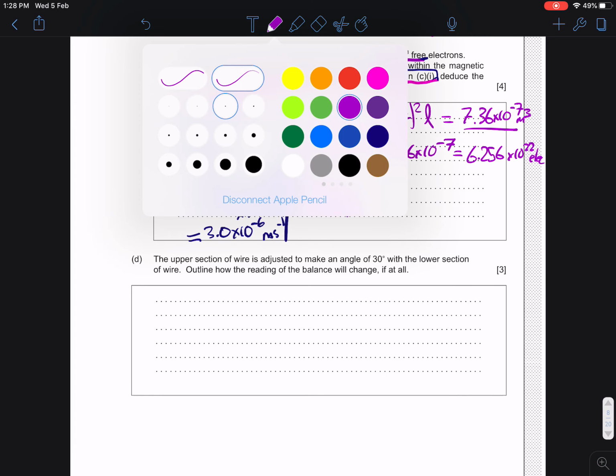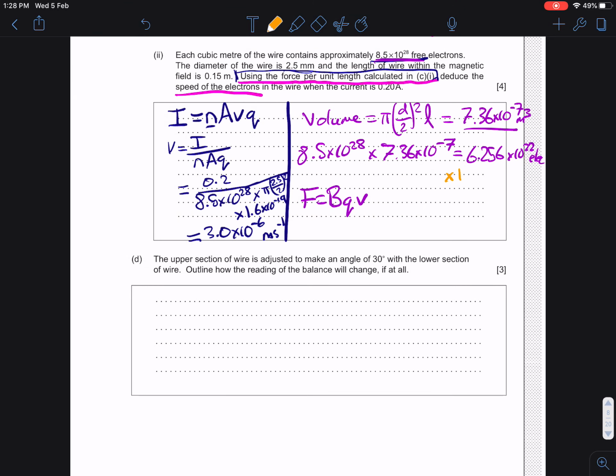Let's do a different color. We need to multiply that by 1.6 times 10 to the minus 19 to give us the charge that many electrons has, which gives us a charge of 1 times 10 to the 4 coulombs. That's the charge within that section of wire. We want to figure out the velocity, so v equals F divided by BQ.